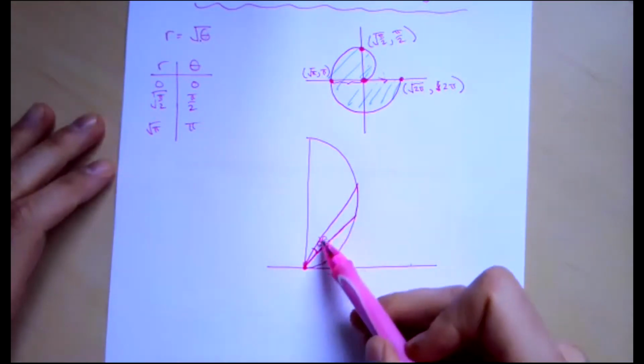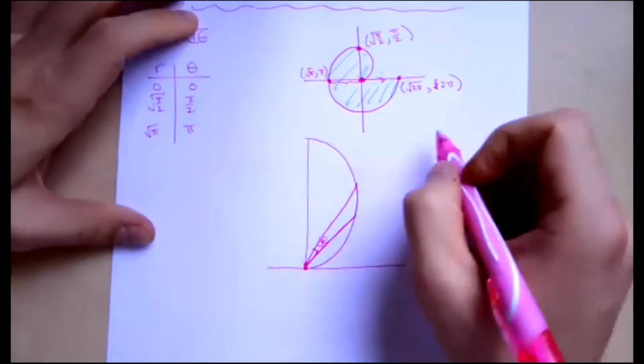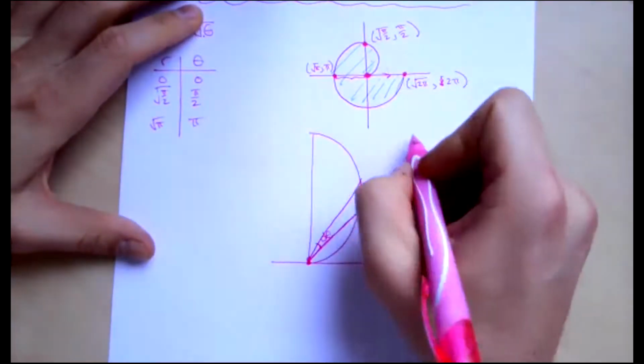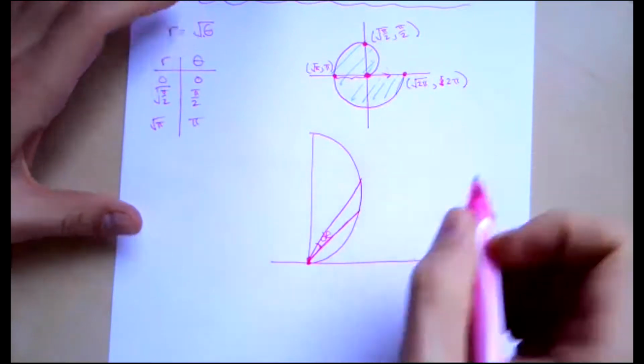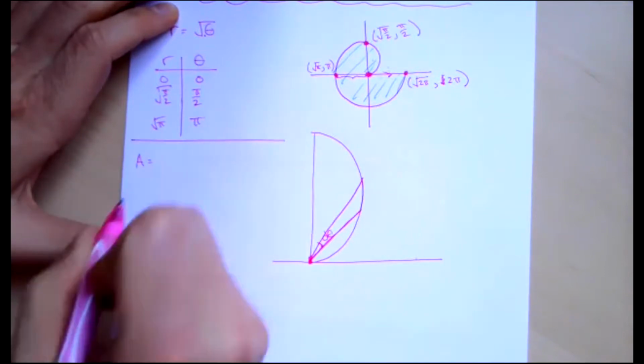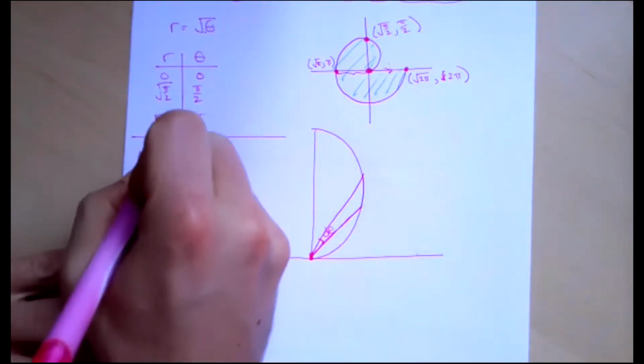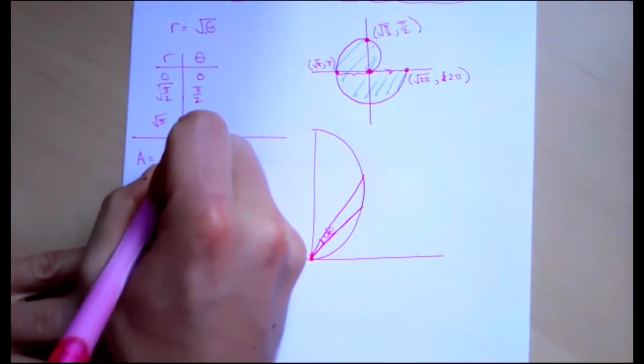And we want to approximate the area of this guy. So how do we get the area? Again, you got to remember all your circle stuff from pre-calc. Our area and our sector equations. What's the area of a circle? 1/2 pi r squared.